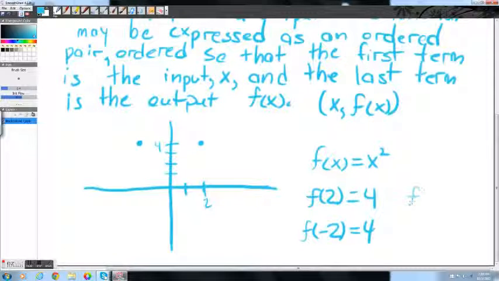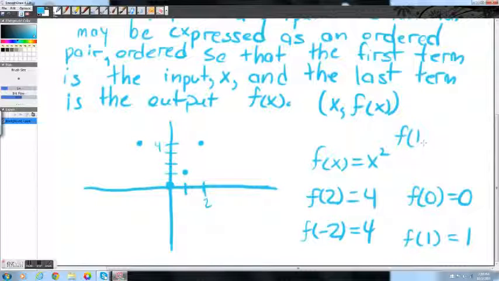And if we were to continue to graph points of this equation, we would obtain a graph of the function.